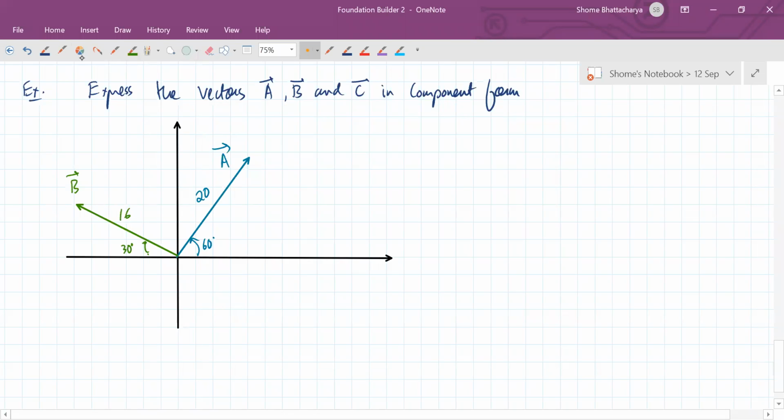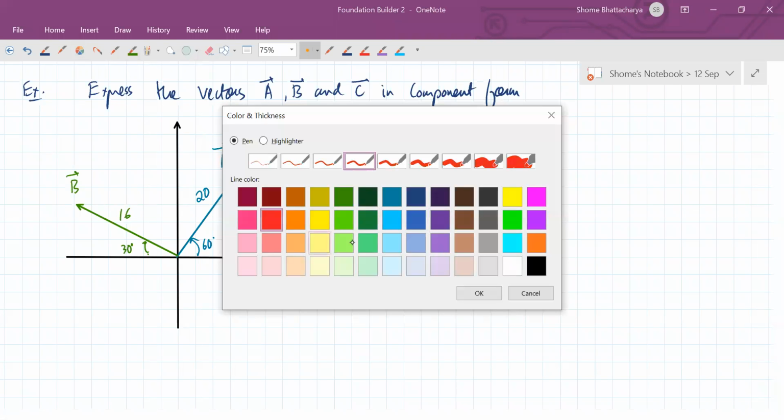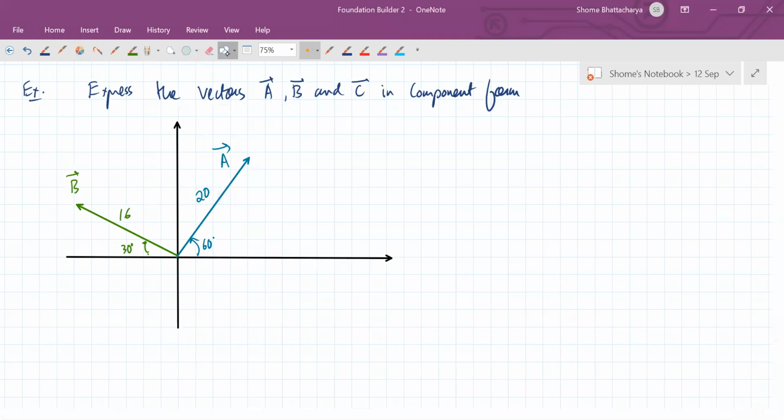And finally another vector is given to us like this. This one's magnitude is 14. So we have to express these three vectors in component form, where obviously it's understood that this is our x-axis, this is our y-axis.